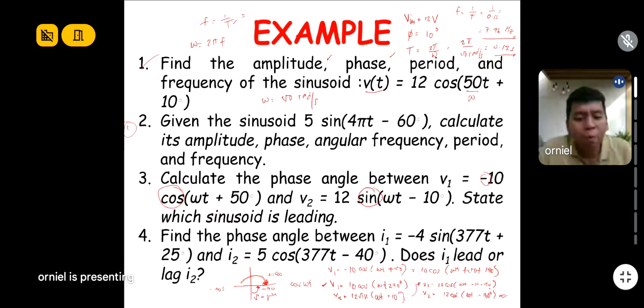So now we can compare the two, which is leading between V1 and V2. When we say leading, it is described by the phase difference between V1 and V2, which of them is larger. V1 is larger in degrees compared to V2, right? So look at how much the difference is between 230 and negative 100.